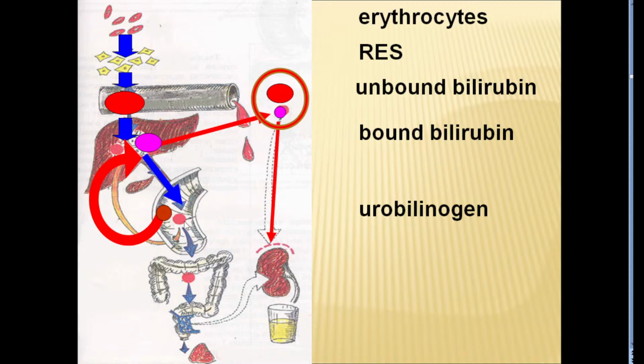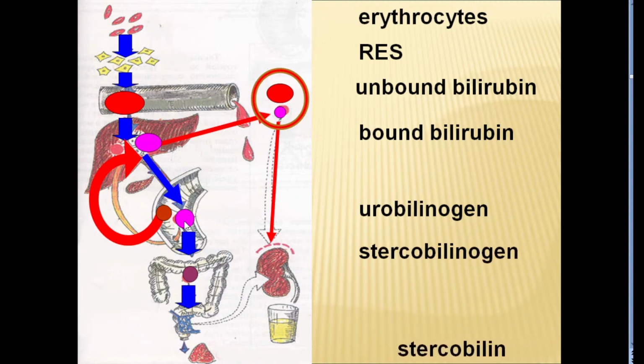Other parts of bound bilirubin go downward into the large intestine. First of all, stercobilinogen is formed, and then stercobilin, which gives the specific brown color of feces and is removed from our organism.